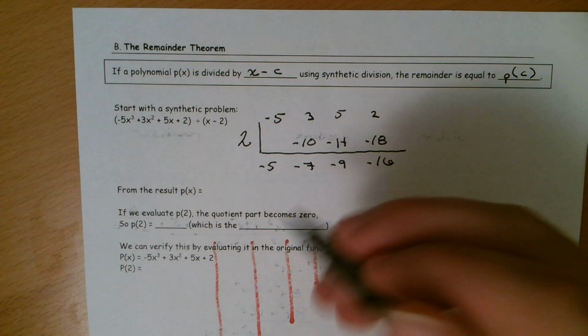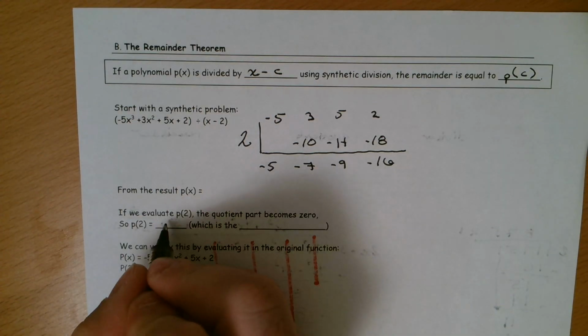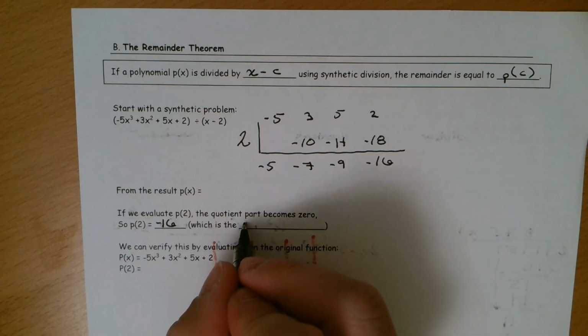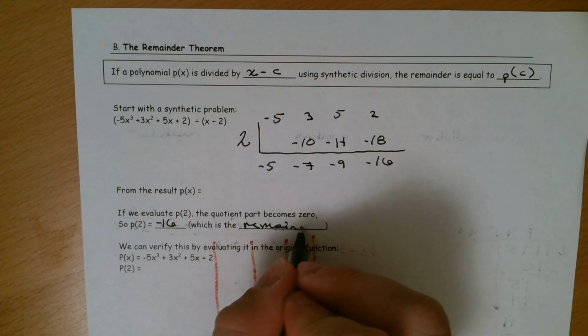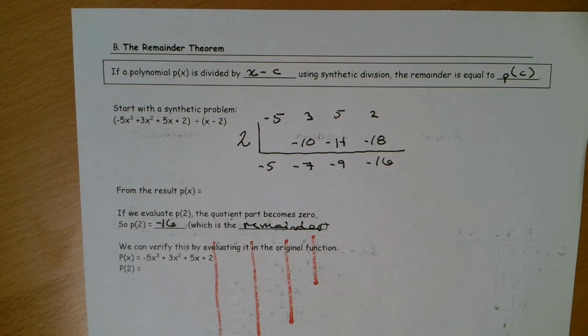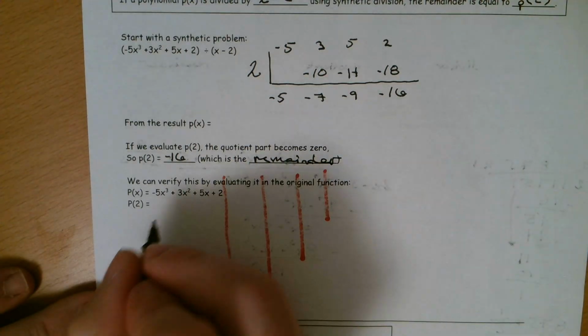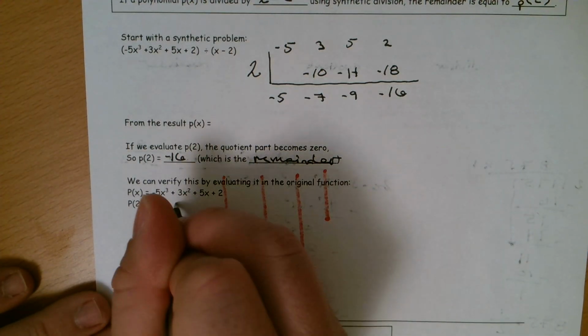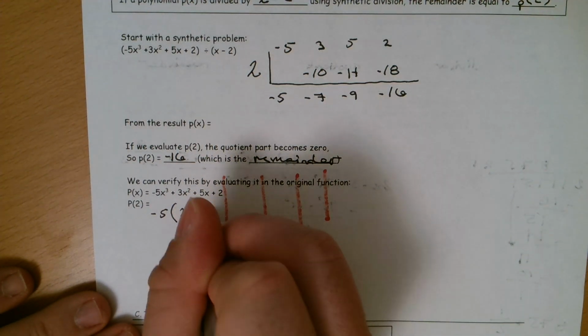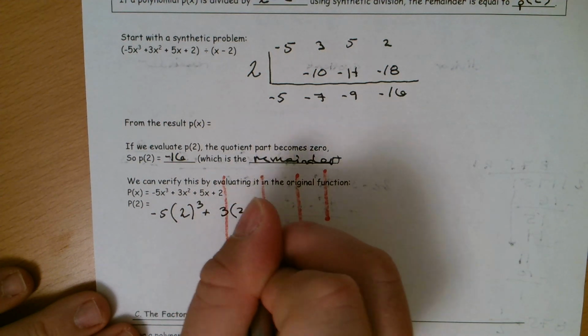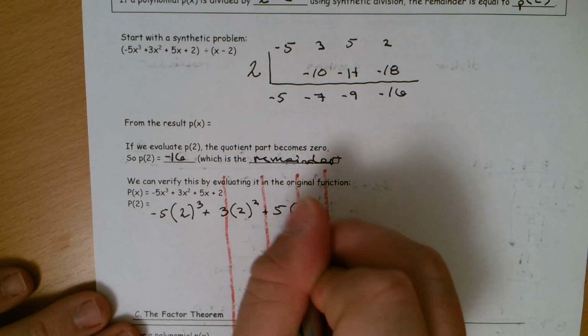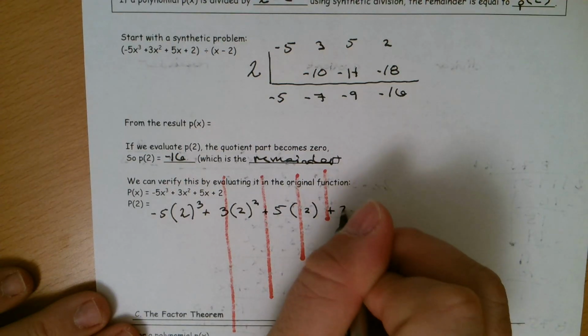So if we evaluate p of 2, we should get negative 16, which is the remainder. So let's go ahead and do that. Let's find out what negative 5 times 2 cubed plus 3 times 2 squared plus 5 times 2 plus 2 is.